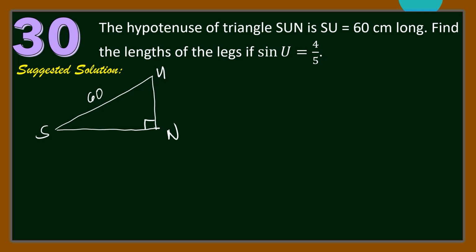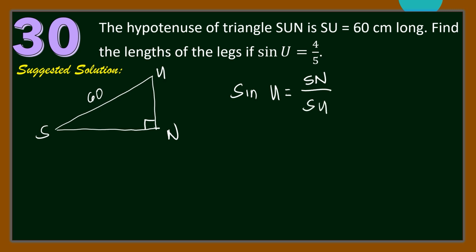Now, sine function angle U is equal to 4/5, and we know that sine function angle U is the ratio between the side opposite angle U and the hypotenuse, which is SU.